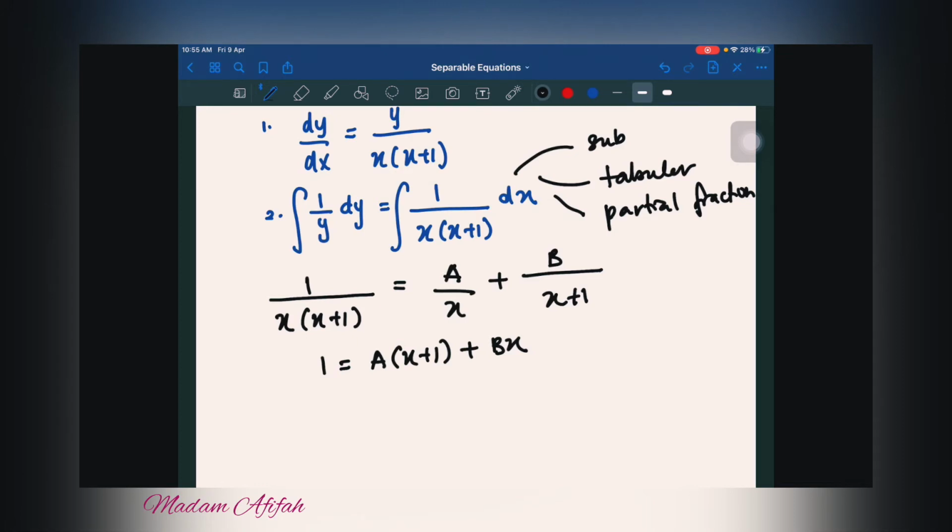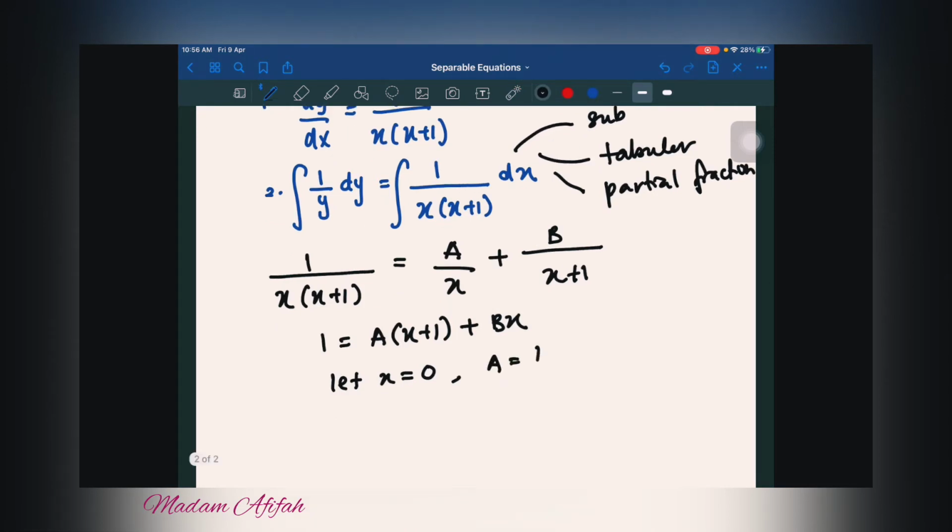For this case, since this is a simple one and we are not involved with x squared or many terms, we just use specific values of x. Let x equal 0 to find the value of a. When x equals 0, the bx part will be 0. Substituting 0, you will have a equals 1.